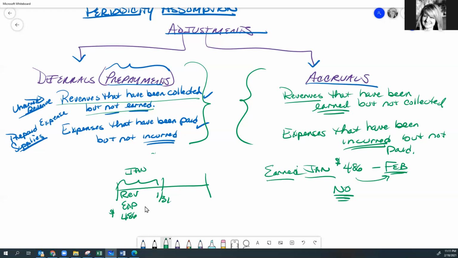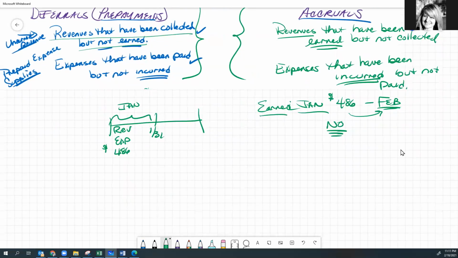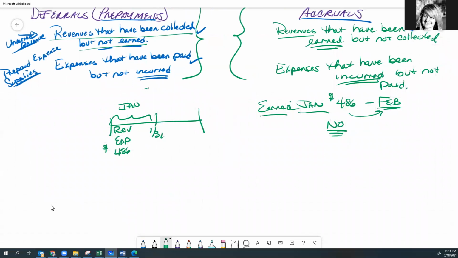Okay, so how do I do that? Adjusting journal entries. It's a little bit of magic. So once again, I'm going to date the journal entry 1/31. That gets it back into January. And I'm going to recognize the revenue. So I'm going to call this interest income. Let's put our debits and our credits.